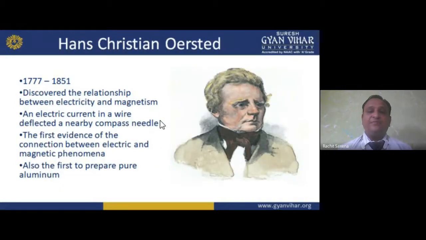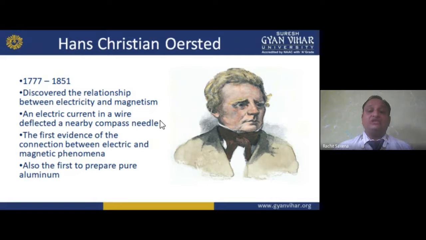Now move forward. Now Hans Christian Oersted, 1777 to 1851, the tenure of his life. He discovered the relationship between electricity and magnetism.